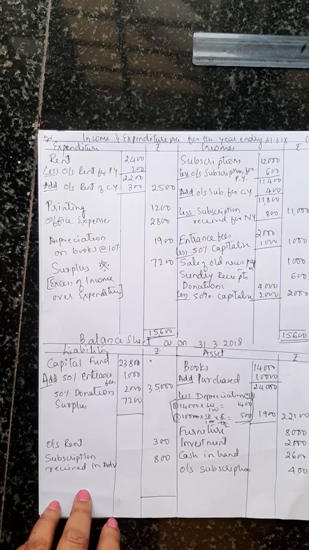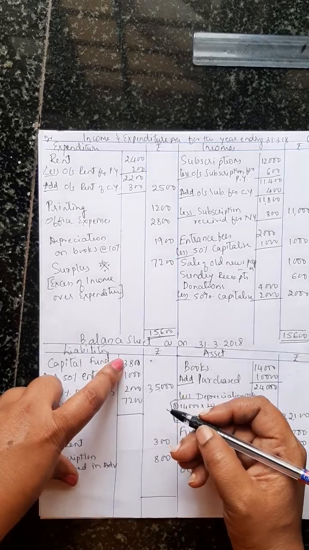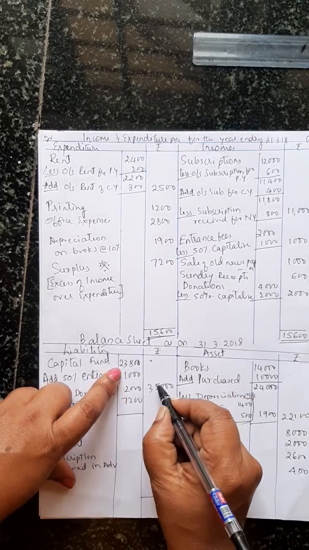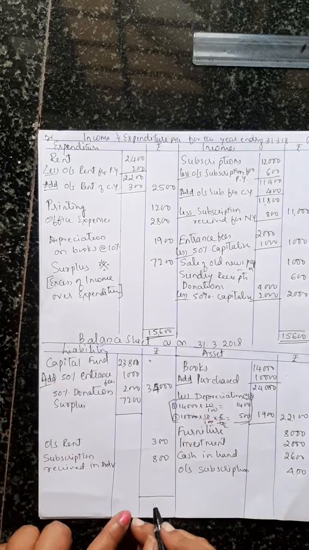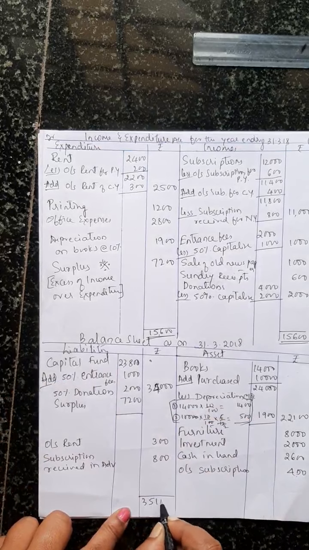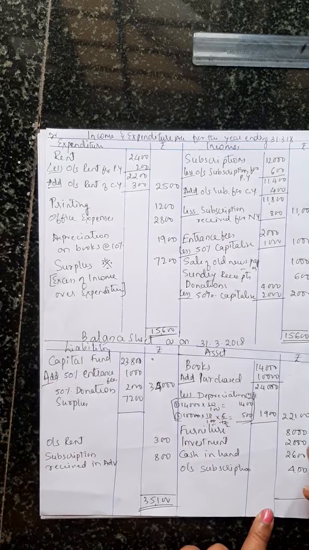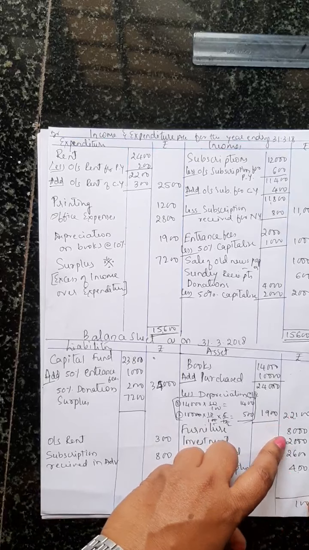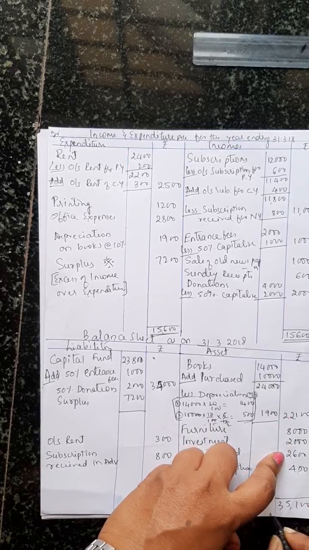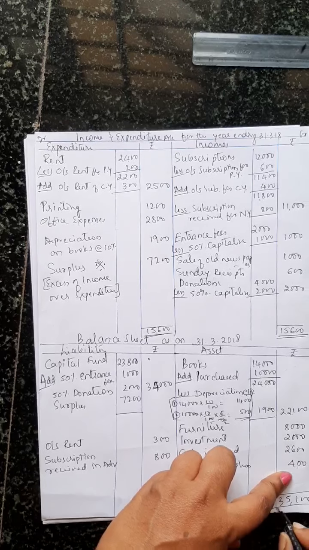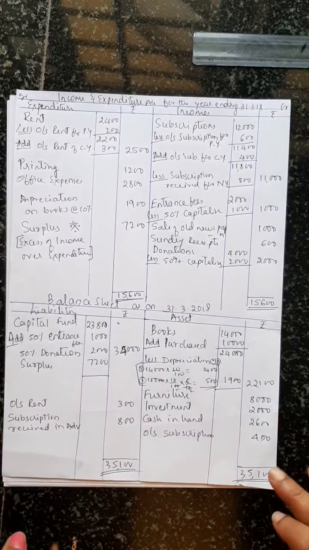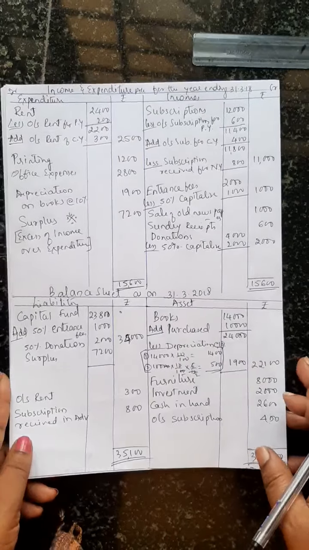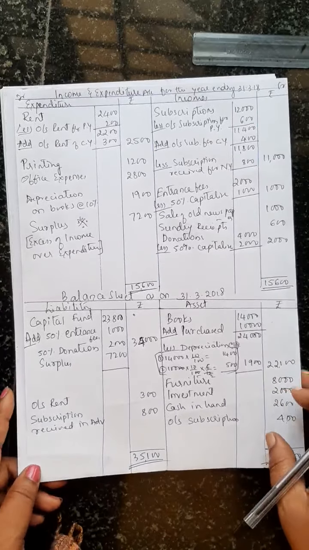So 34, 8, 10, 1 carry, 8, 10, 14, 34,000. Adding these two gives 35,100, and here also 100, 10, 1 carry, 10, 11, 15. 35,100. Yes, got this right. 35,100 here and here. This is the solution, very simple.